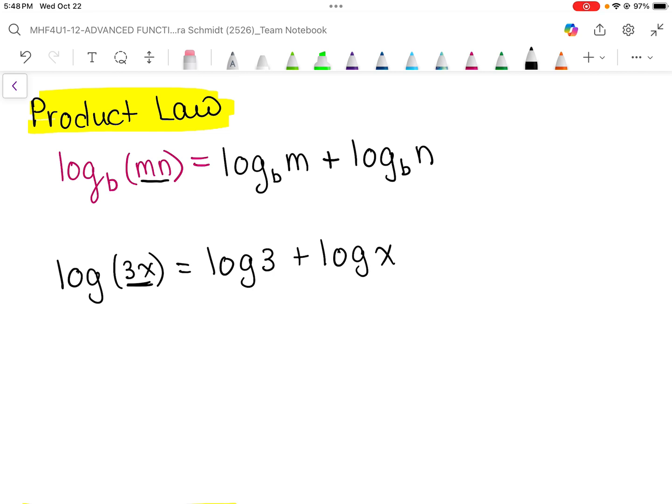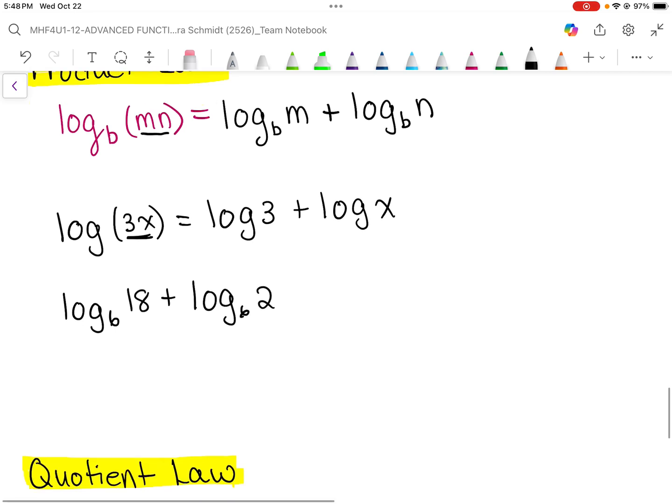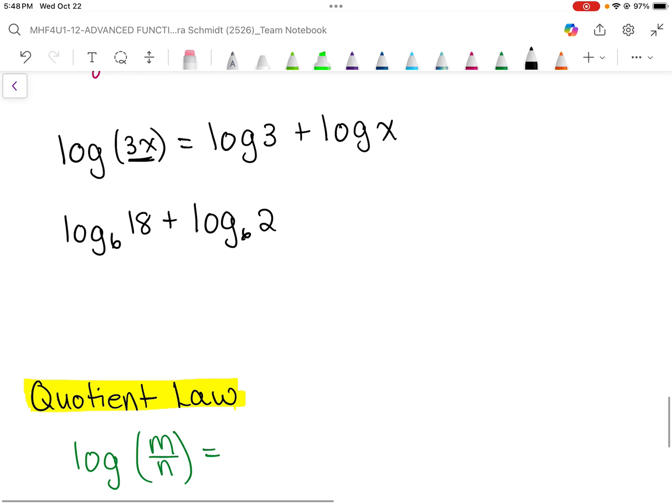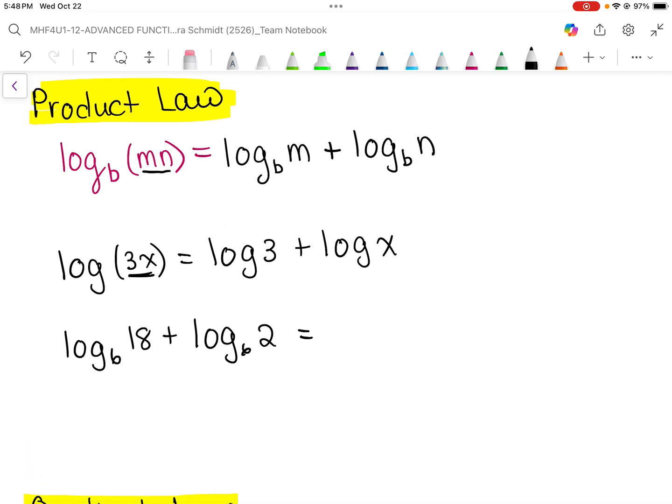So maybe I want to do something like log base 6 of 18 plus log base 6 of 2. Maybe those are kind of tricky to evaluate like that. So I'm going to use my product law. I know I can write them as a single logarithm. I can say log base 6 of 18 times 2.